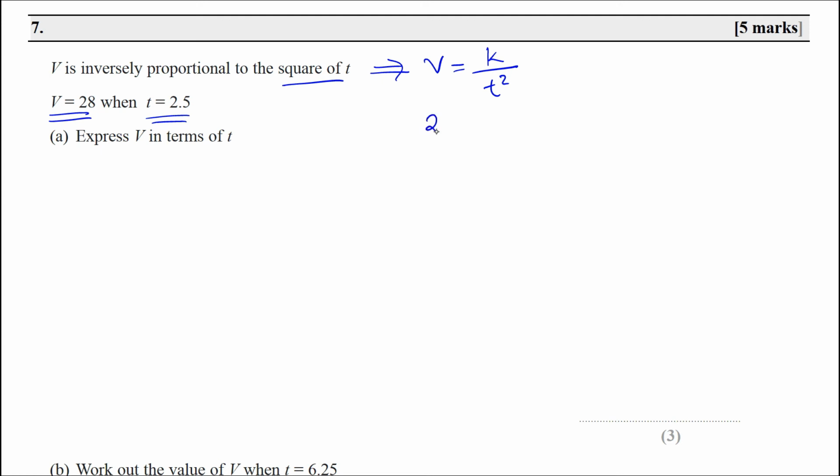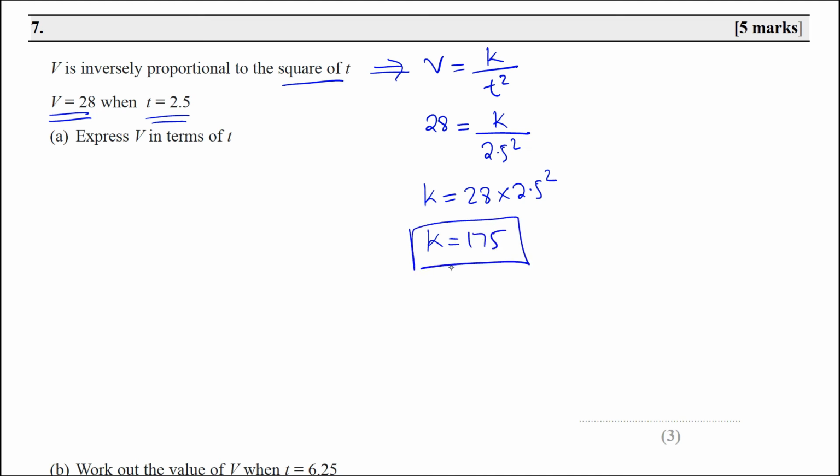When V is 28, t is 2.5, which means that K will be equal to the opposite of dividing by 2.5, which is multiplying, so 28 multiplied by 2.5 squared. So K will be equal to 175. So basically, the required equation will be V equals 125 over t squared.